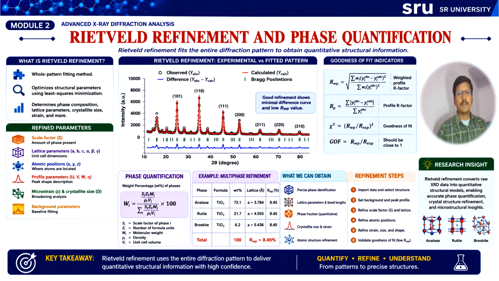Now, observe the diffraction profile shown in the center of the slide. You can see here the black points represent the experimental data of the diffraction pattern. The red line corresponds to the calculated profile obtained from the refinement model, and the blue line is the difference profile between the calculated and experimental values, which indicates that the deviation between the experimental data and calculated data is very minimal.